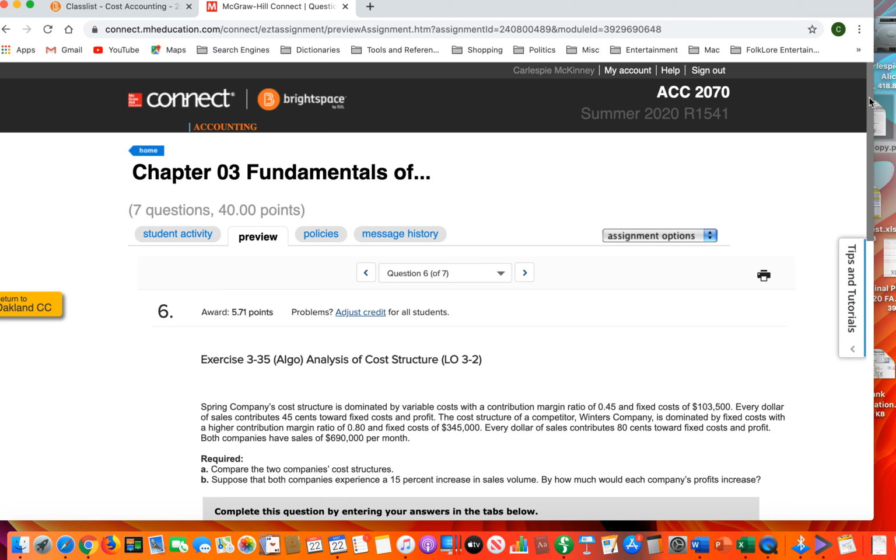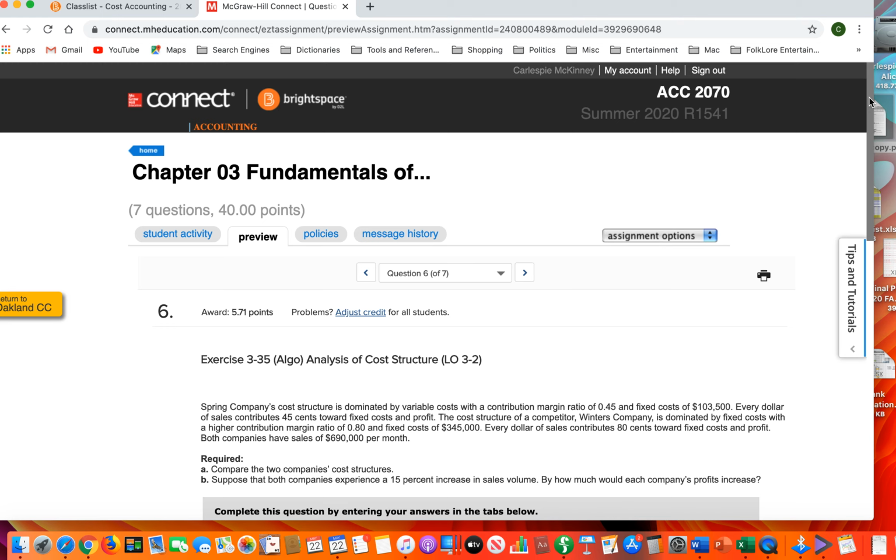Okay. Again, that means that if the contribution margin is 45%, then the variable cost must be 55%. So let's take one company at a time. The sales are the same, so 690,000.